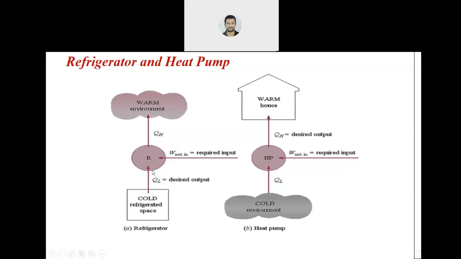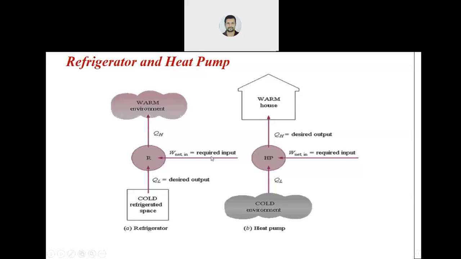So this R is nothing but the refrigerator. It's a device which is extracting QL amount of heat from the body and supplying this to the environment or surrounding, which is at higher temperature. How will it do that? I already told you. If you want to transfer heat from a low temperature body to a high temperature body, you have to supply some amount of work input.